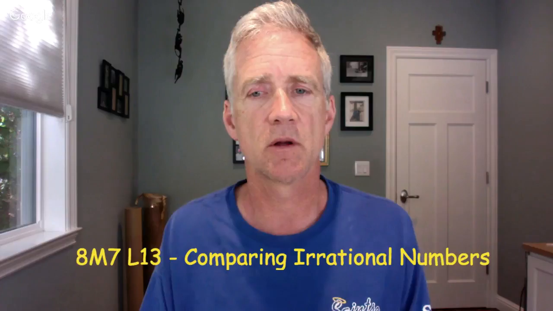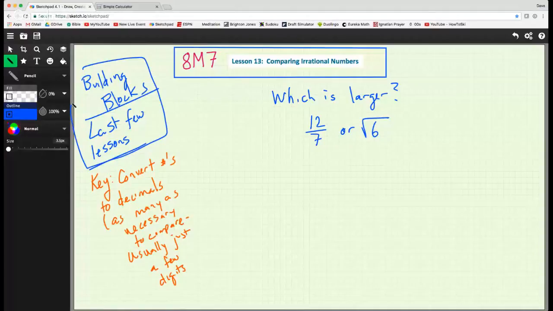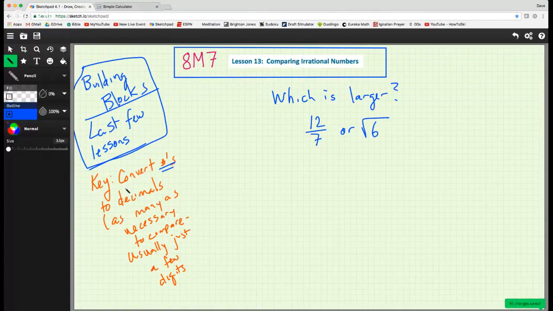Okay, so our building blocks, again, are what we've learned in the last few lessons. And the whole idea is we're going to get two different numbers, and you're going to convert them into decimals almost every time, so that we can compare.